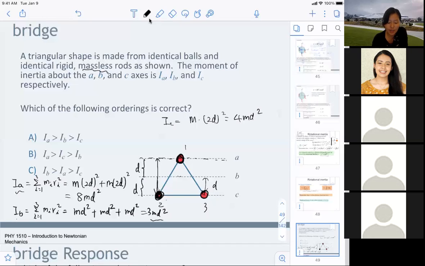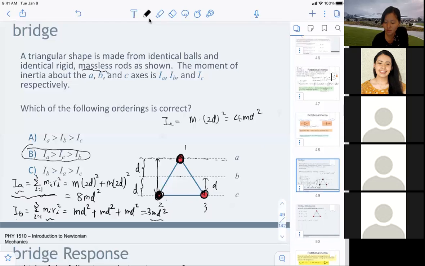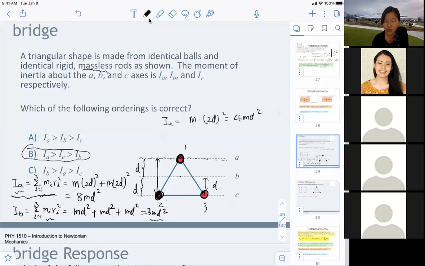So you can see IA is the largest, IC is in the middle, and IB is the smallest. This is how we come up with the answer. Really, what this question is asking is whether we know how to use the definition for rotational inertia. This is our definition for I, and that's for a discrete distribution.